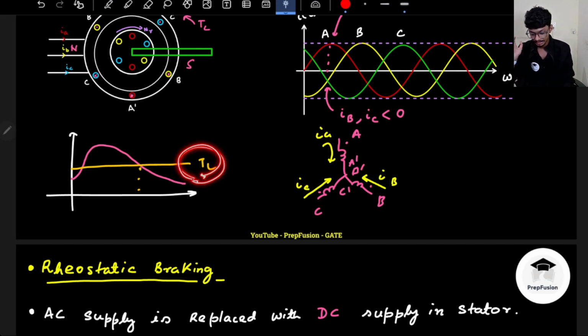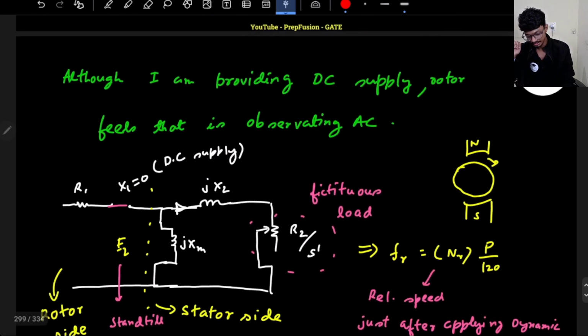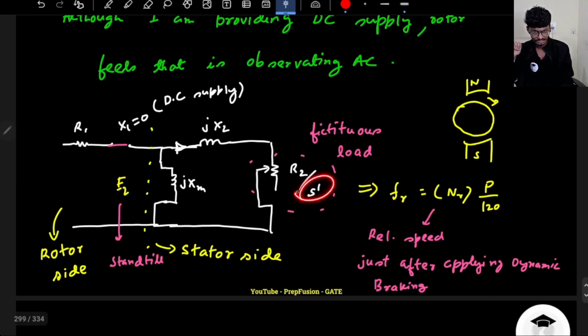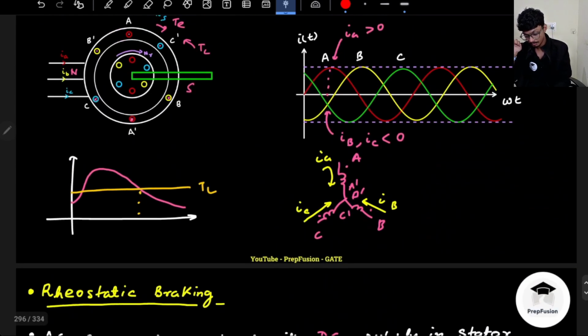Now what happened, as we gave a DC supply, is the slip got changed. This load got higher. If this load got higher, the supply has to send in more current. Does it make sense? Yes, because overall the motor will not generate a torque anymore.